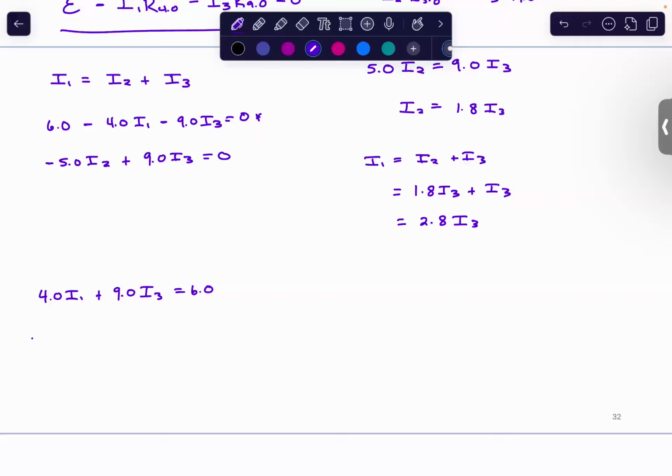So I have 4.0 times 2.8 I3 plus 9.0 I3 equals 6.0. Once I multiply it, 4.0 times 2.8 is 11.2 plus 9, 20.2 I3 equals 6. Divide through.